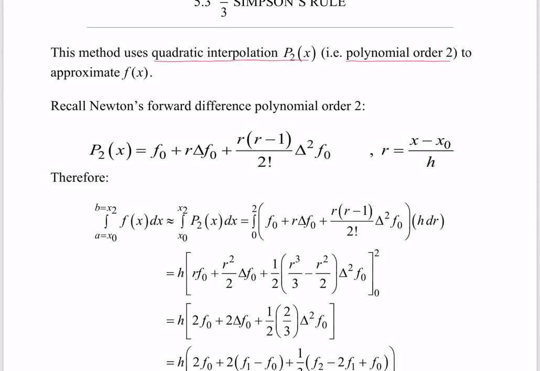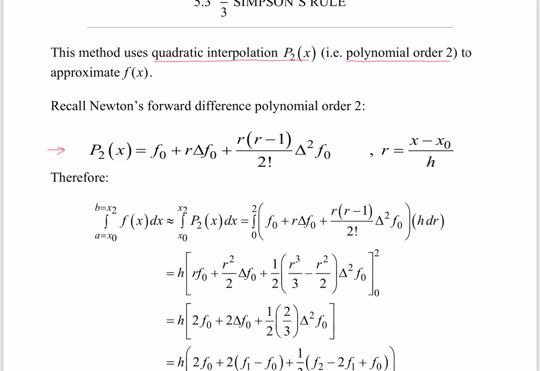And if you can see here, you can recall what you have learned before, which is Newton's forward difference polynomial of order 2, which we now use to approximate our function.